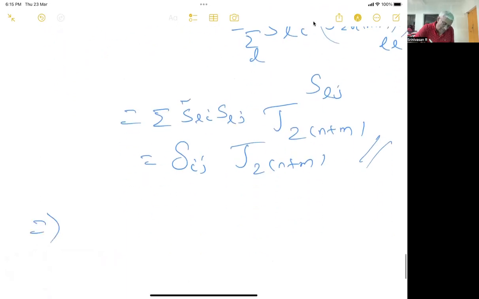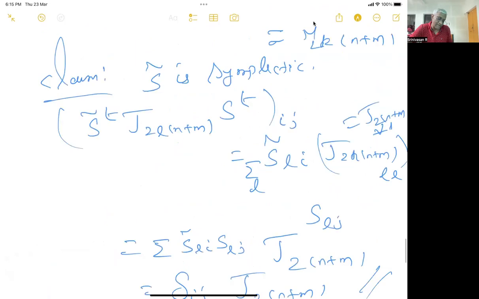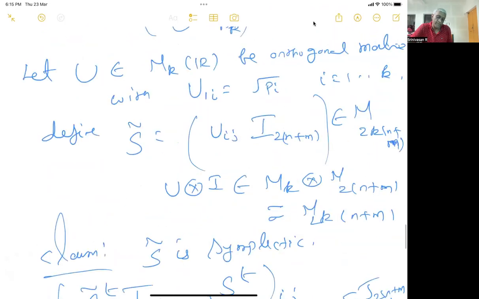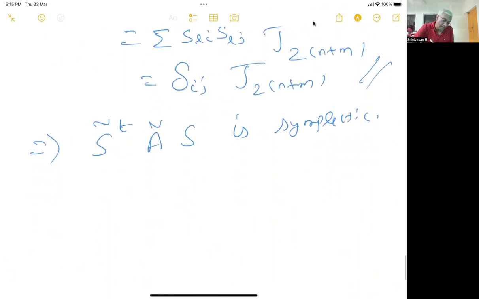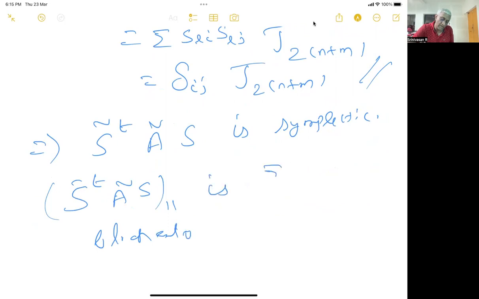So this implies you take the S tilde transpose, the original A tilde S is also symplectic. And the 1/1 block entry of S tilde A tilde S is the summation of p_i A_i.